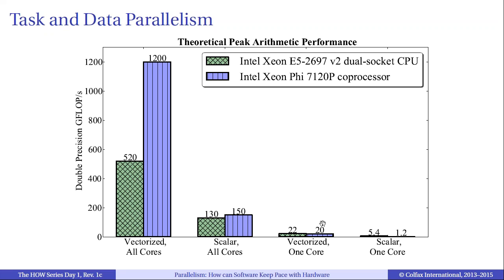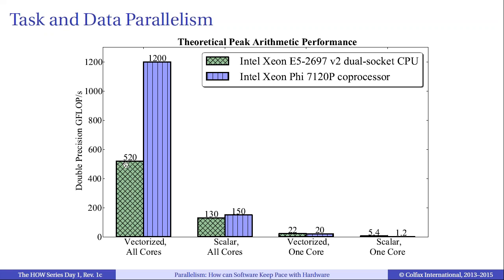Now this case is not really realistic. If your application is doing this, you probably wouldn't run it on Xeon Phi. But still, this is one core performance, which uses vectors. So Xeon Phi is marginally behind the Xeon. And this is one core that is not capable of using vectorization. So no vectorization, no multithreading, no parallelism at all. Then Xeon Phi will be completely miserable.